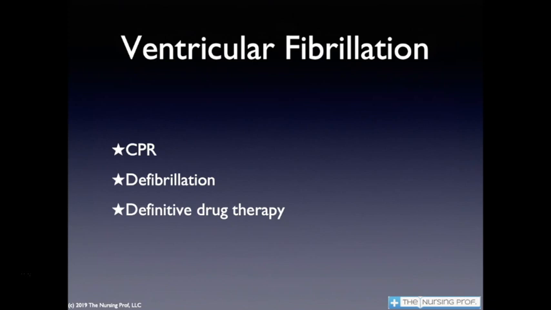Treatment is CPR, so we start right away with CPR. We will try defibrillating. Hopefully that will help, but usually a couple rounds of CPR actually do improve our outcomes with defibrillation, and we'll see that the patient will convert much better if we are doing some CPR first.